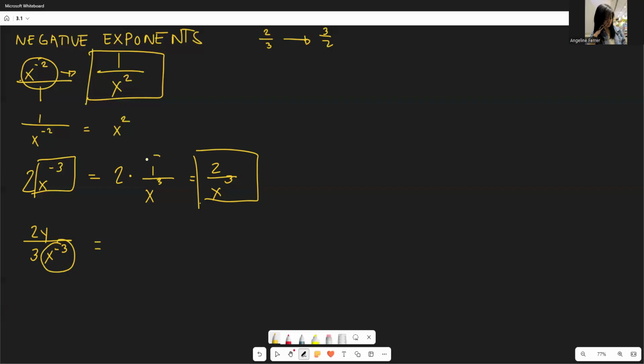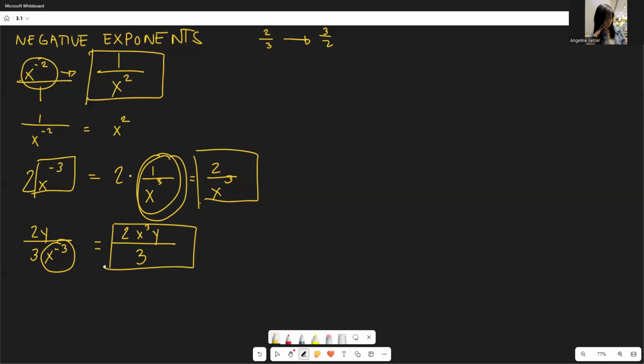So instead of multiplying it by the reciprocal, going all through that process, you can just move it to the top and we'll get the same thing. So 2x cubed y over 3. So it's like we multiply 2y over 3 times 1 over x cubed, just like this one. And that is your answer.